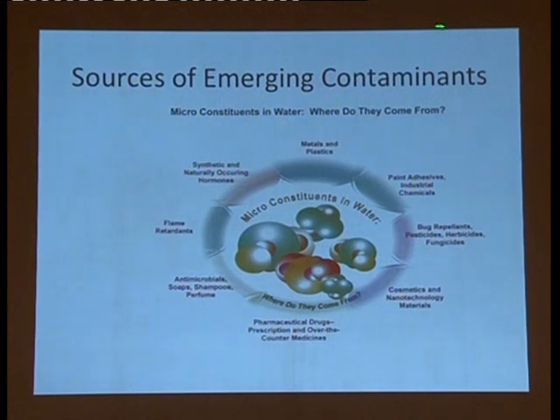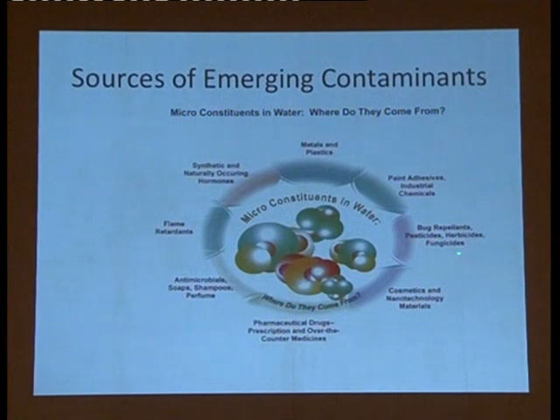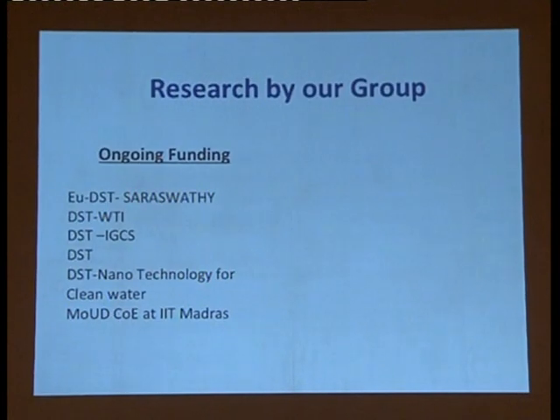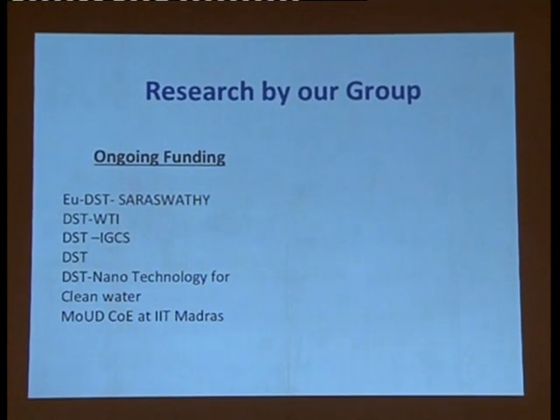And the sources of emerging contaminants can be metals and plastics, paints, cosmetics, pharmaceuticals, antimicrobes, soaps, shampoos, perfumes, flame retardants, and any new chemical you talk about, all those things come under these emerging contaminants.